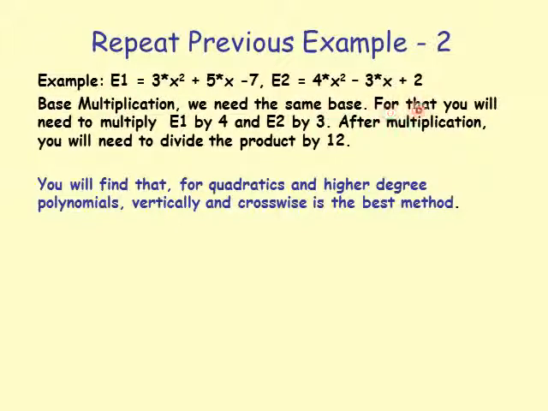For that you will need to multiply E1 by 4 and E2 by 3. So we'll use 12x squared as base, and we multiply E1 by 4 and E2 by 3, and in the end we will divide the product by 12. Let's continue. You'll find that for quadratics and higher degree polynomials, vertically and crosswise is the best method.